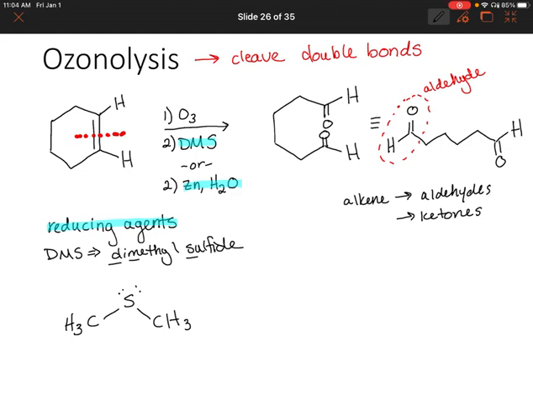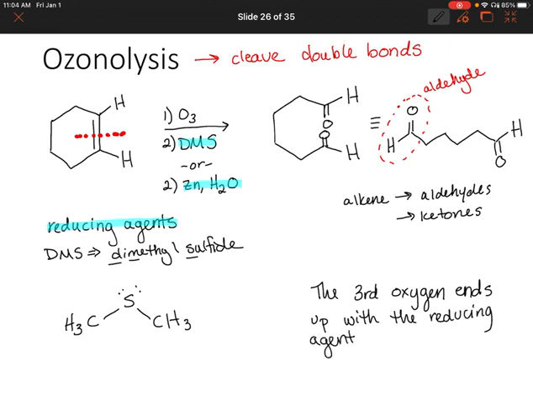So that third oxygen actually ends up with the reducing agent. So, for instance, if you use DMS, that's going to become DMSO, or dimethyl sulfoxide. If you use zinc, that's going to become zinc oxide.